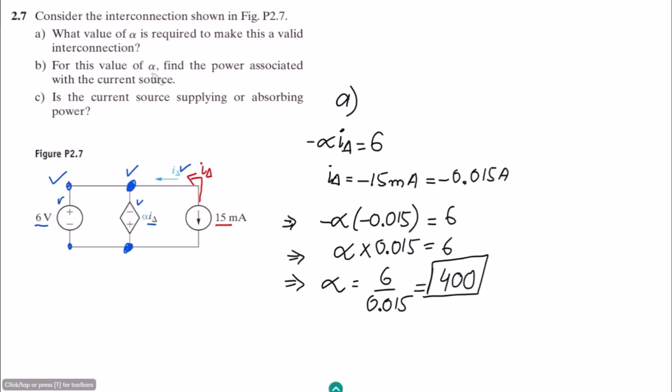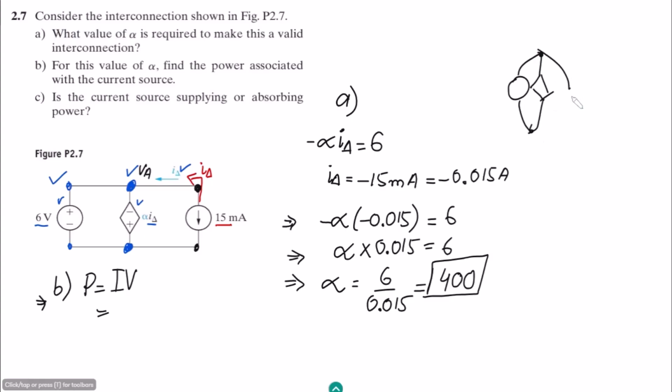In part B, for this value of alpha, find the power associated with the current source. So this is the current source, and to find the power across it, we know the formula, that is P is equal to IV. Do we know the value of voltage? Yes, that is already known, and this is the similar voltage which is here.